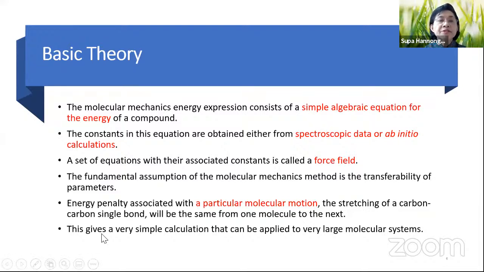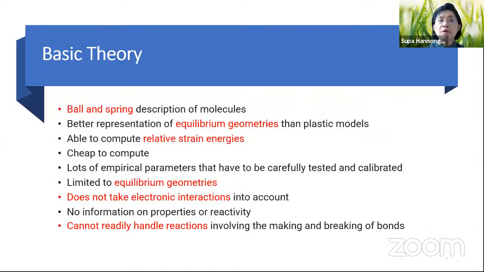Because of these very simple calculations, molecular mechanics can be applied to large molecular systems. This is wonderful. And I would like to say it has a really long history, almost 100 years of development up to now. Simple, but efficient, okay?